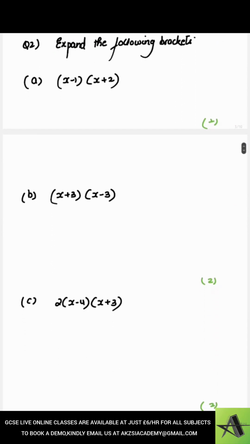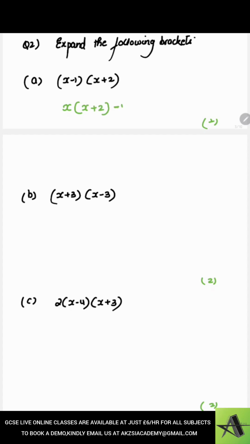Expand the following bracket, and you can clearly see these are questions of double brackets. As you can see, 2 brackets. For the double bracket, you have to multiply every term of the first bracket with every term of the second bracket. A simpler version would be: write the first term of the first bracket and multiply it with the second bracket.